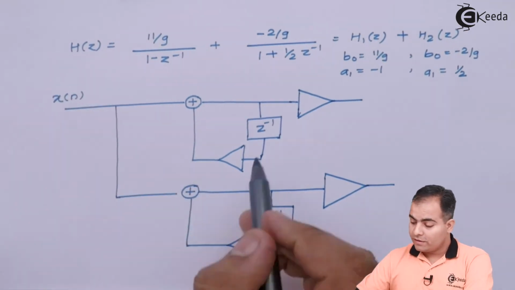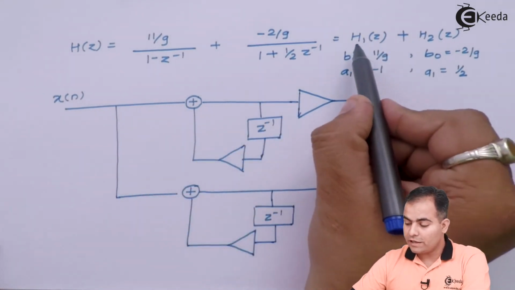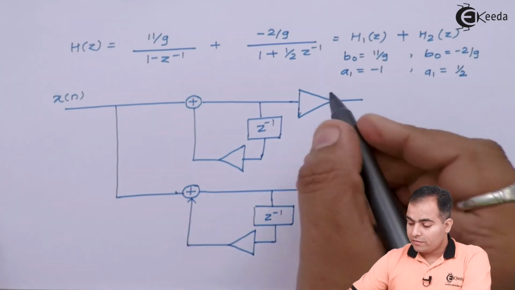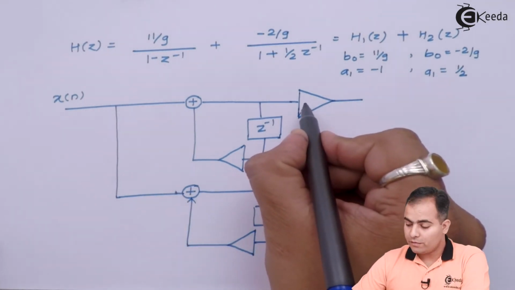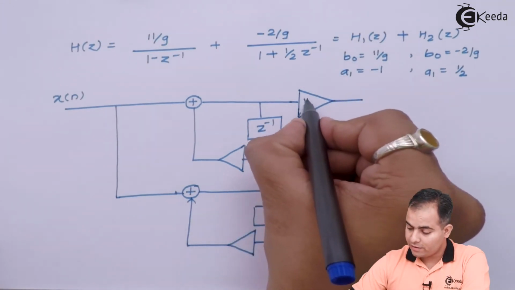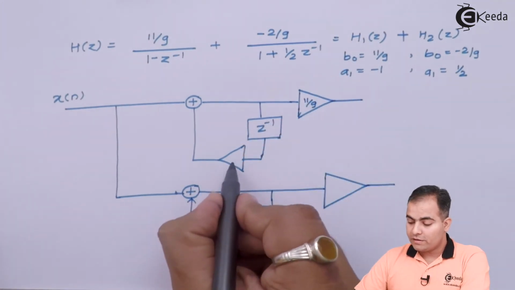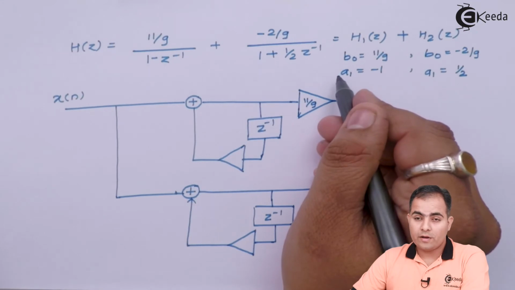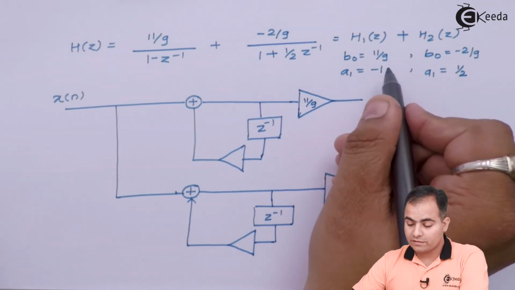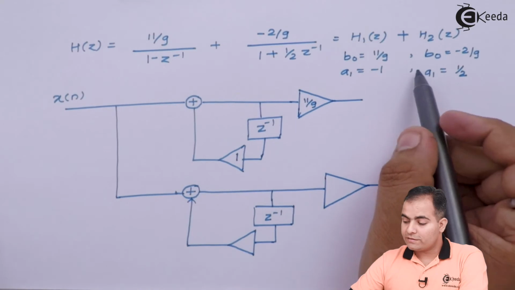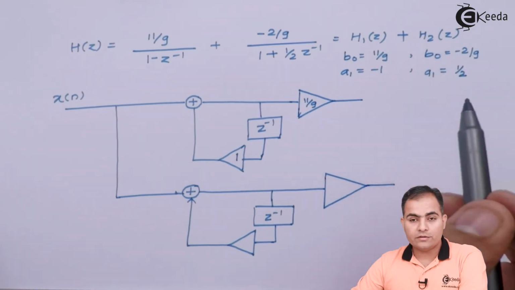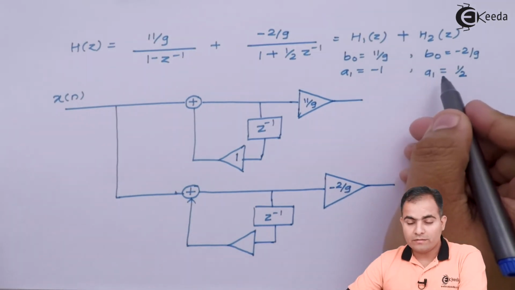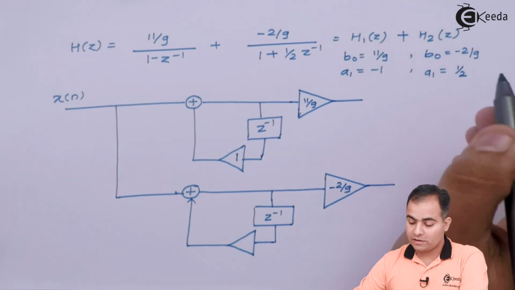Now look at here, this first upper block gives us the H1(z) value and the second is the H2(z) value. This is the place of the b value, and here the b0 value is 11 by 9. This buffer gives us the value of a1, and here we will always multiply a minus sign with a1, so minus into minus 1 gives us plus 1. In H2(z), the b0 value is minus 2 by 9, so I will write minus 2 by 9 over here, and my a1 is always multiplied by a minus sign, so this plus half is replaced by minus half.